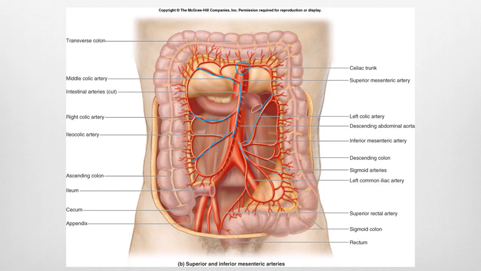We have the sigmoid arteries that come off and go towards the sigmoid colon. And then the last one here is our superior rectal, comes off and goes down into the pelvis. And so we get blood supply going to the digestive tract as well.